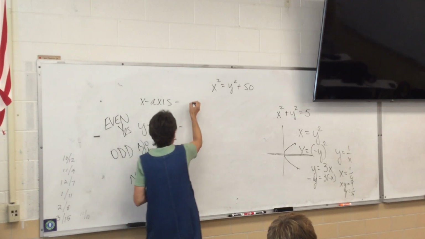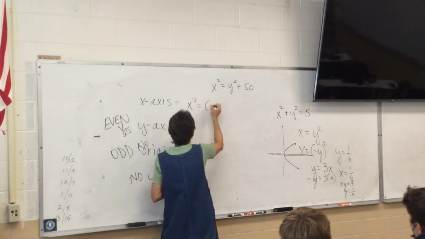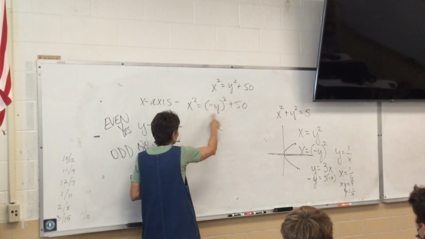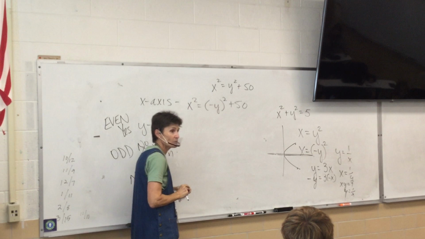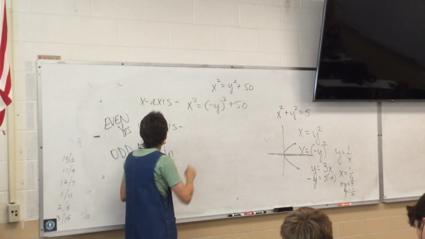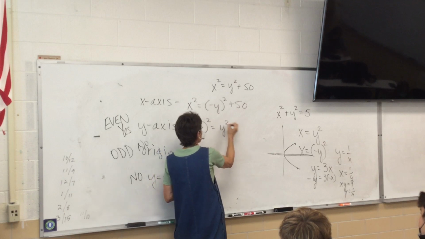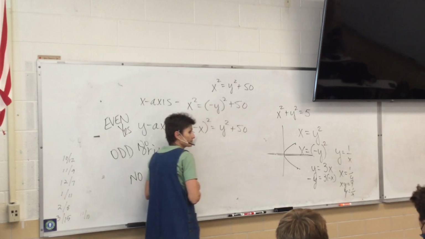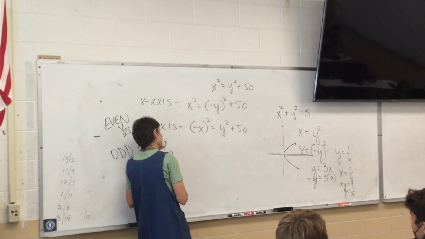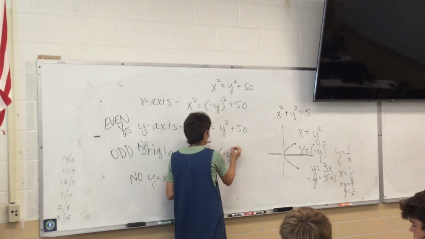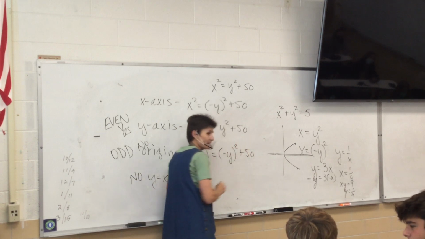Yes. Some of you just visualize that, but isn't that going to simplify to the same equation? Yep. And likewise, won't this one simplify to the same equation? And likewise, won't this one also simplify to the same equation?